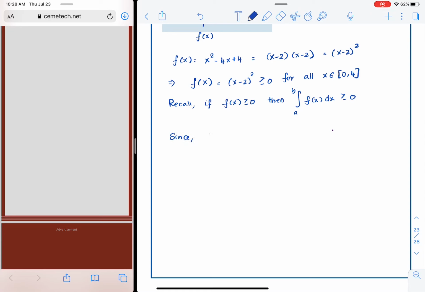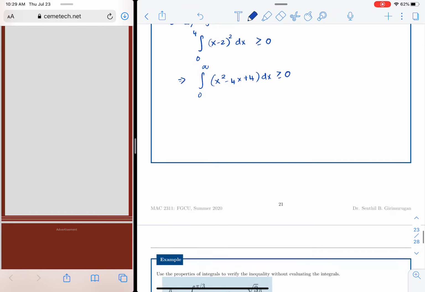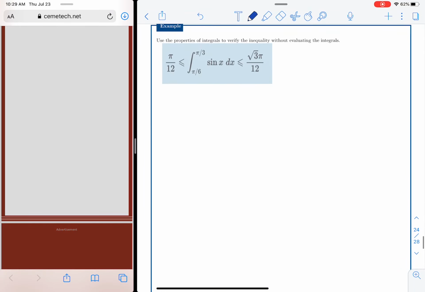Since f(x) equals (x minus 2) squared is greater than or equal to 0, we have the integral from 0 to 4 of (x minus 2) squared dx greater than or equal to 0, which is the same as saying x squared minus 4x plus 4 is greater than or equal to 0. So we've verified the inequality.